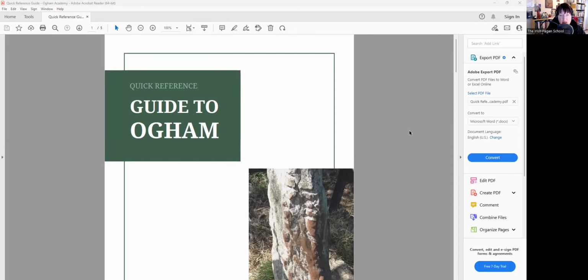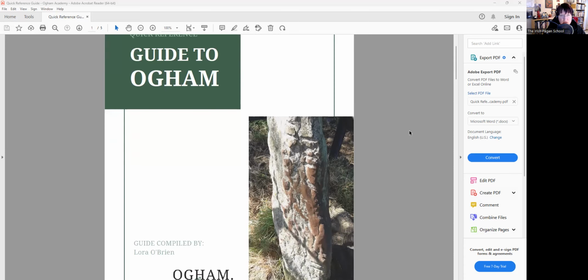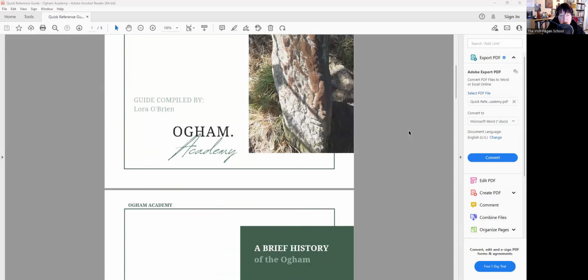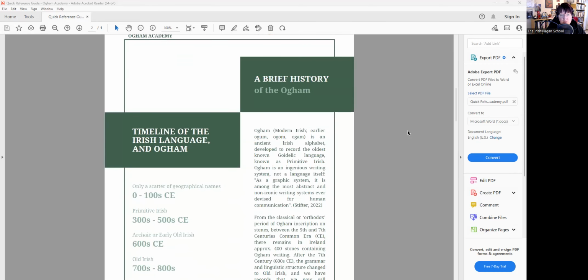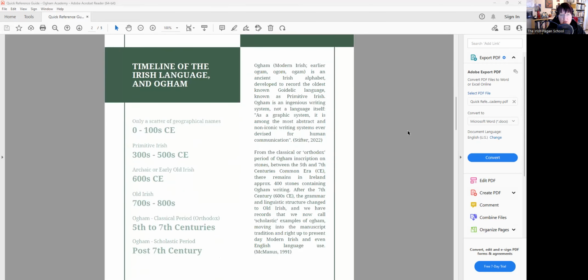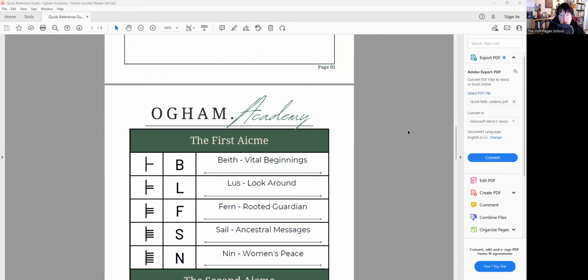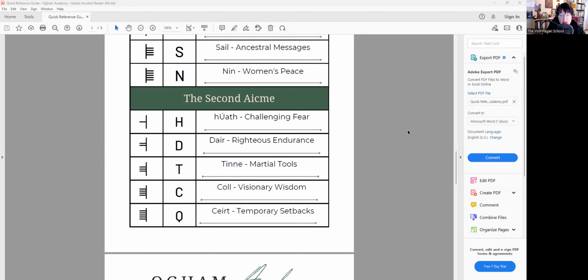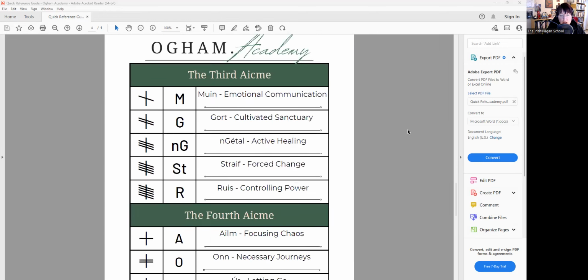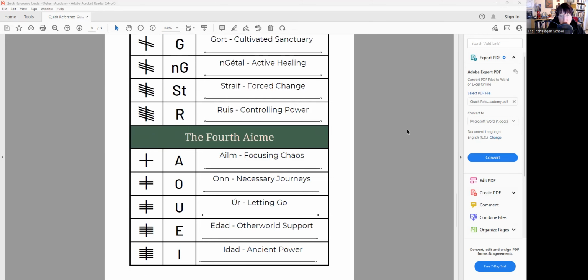So you can get this guide specifically by going to Ogham Academy /guide, and it's a free download. So you will get the brief history of the Ogham, a timeline of the Irish language and Ogham. And then you'll get these 2 printable sheets, which I just wanted to show you the second one here.